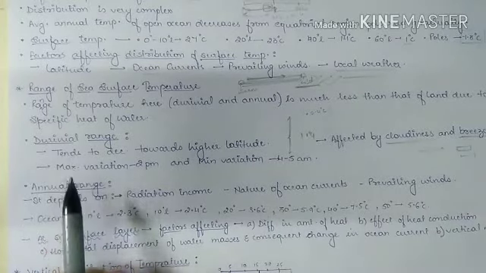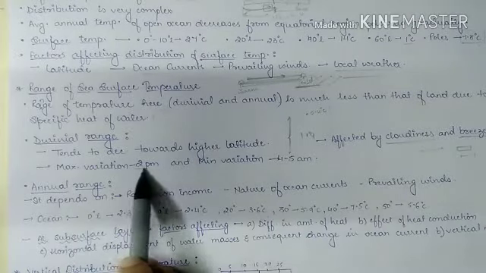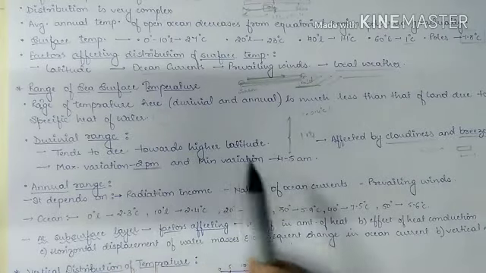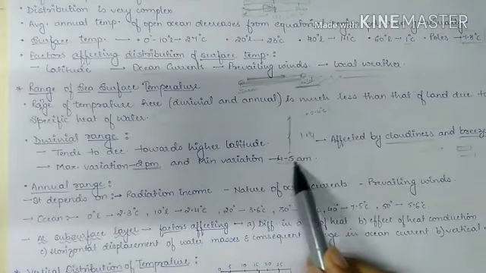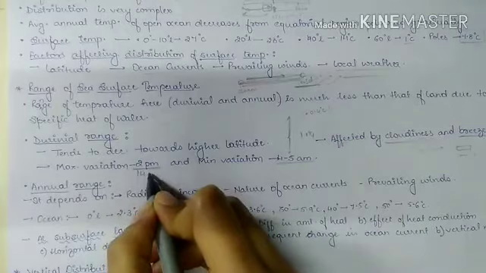Another thing about diurnal range of temperature, the maximum variation in temperature will be noticed at the time of 2 p.m. Okay, and minimum variation will be noticed during 4 to 5 a.m.